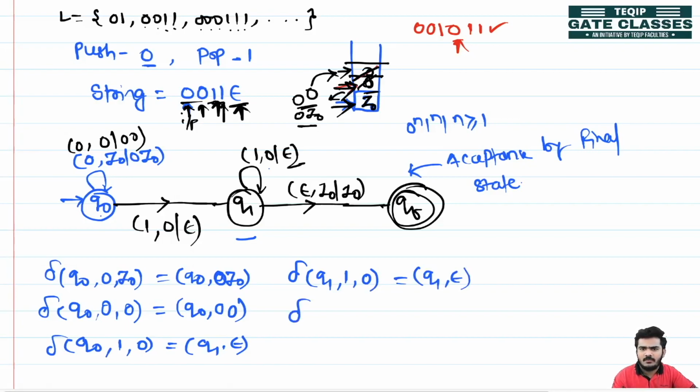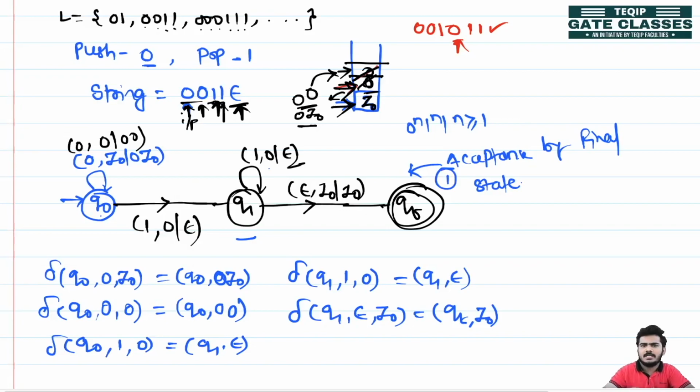And finally, when we are in Q1 and we have seen the input as epsilon and top of the stack becomes Z0, then we have moved to the QF state and we left Z0 as it is. Okay, so this is acceptance by final state.